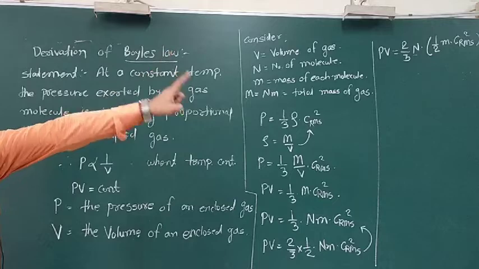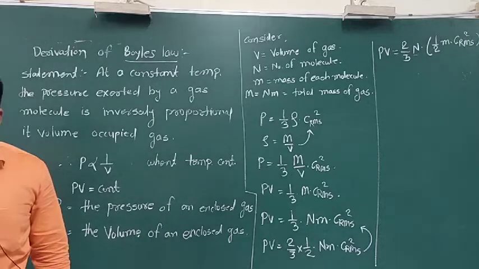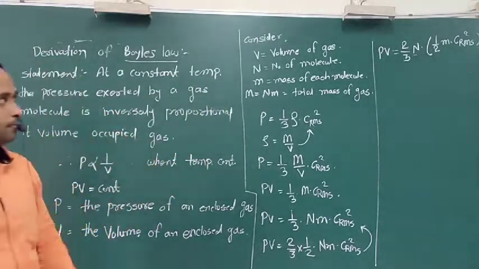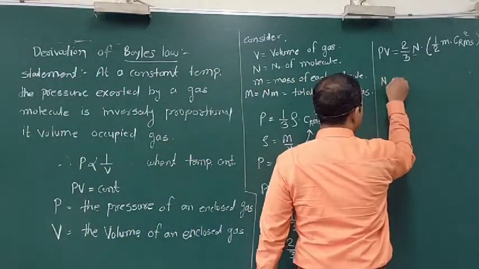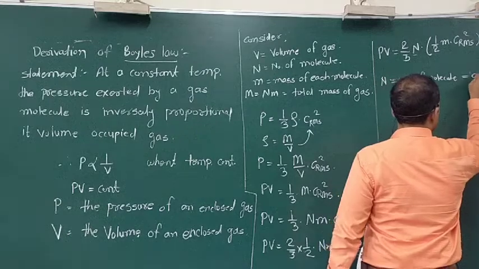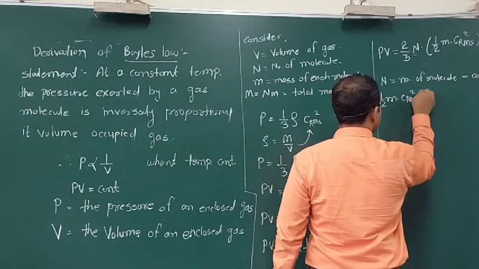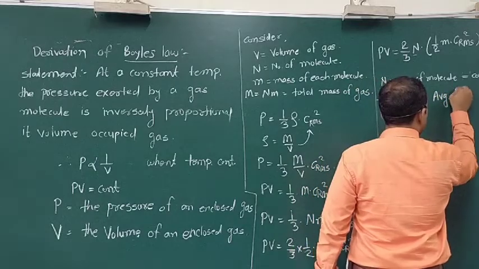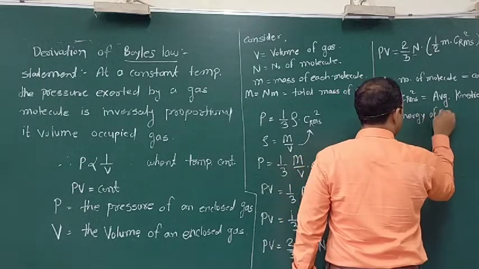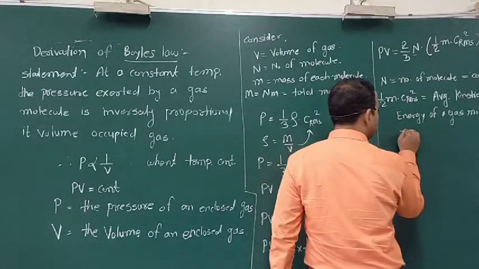The quantity half m into C RMS square is the average kinetic energy of a gas molecule, which is also constant.